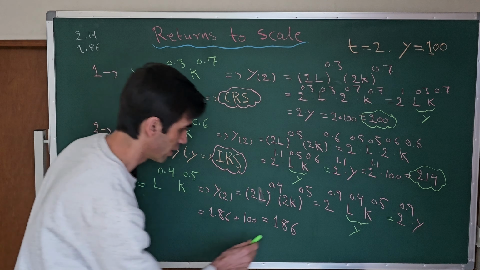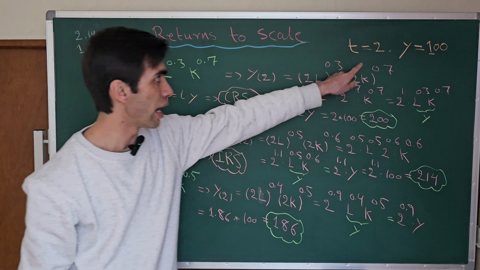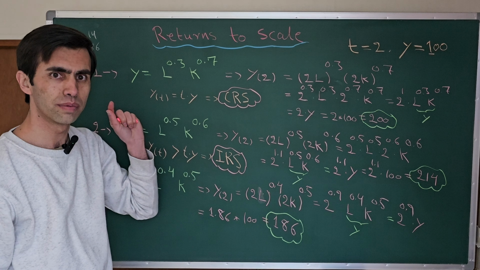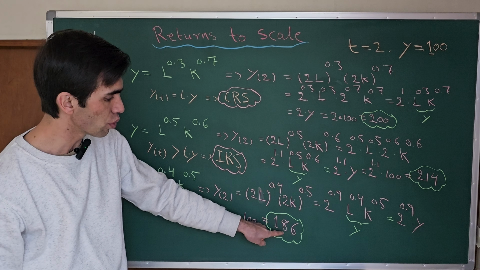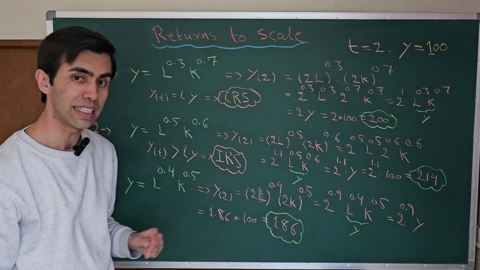So now we scaled up our input by 2, but our output increased from 100 to 186.